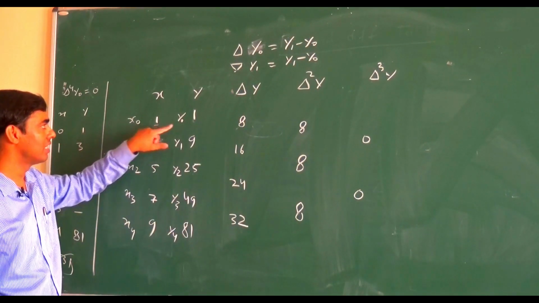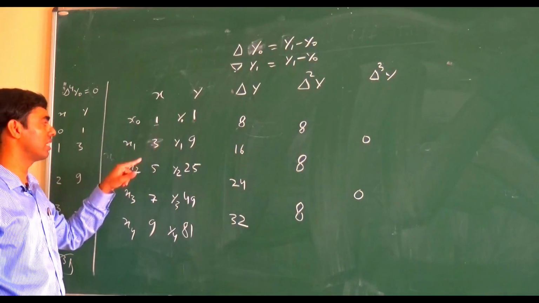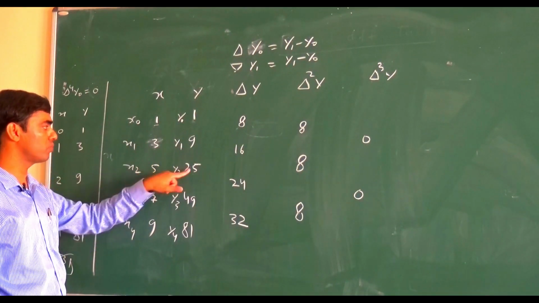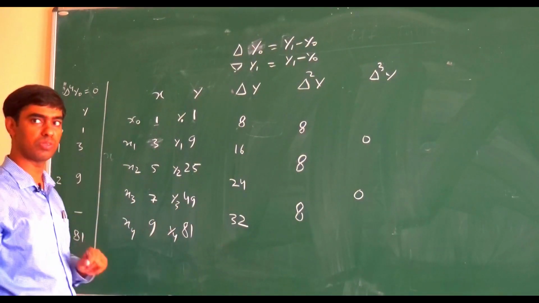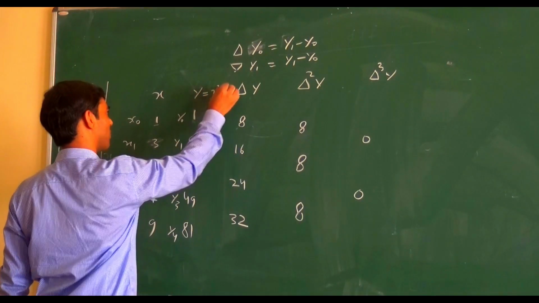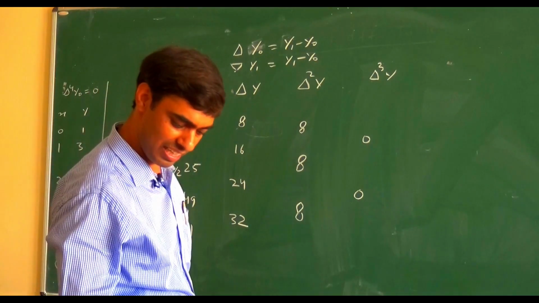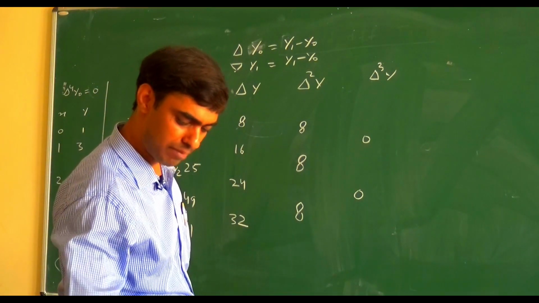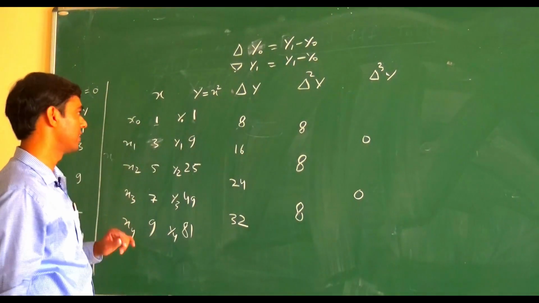Then y is the square of x. 1 square is 1, 3 square is 9, 5 square is 25, 7 square is 49, 9 square is 81. This means directly we write y equal x square.